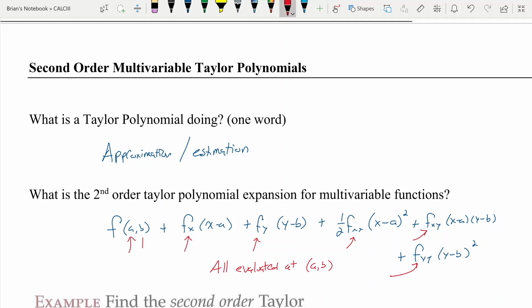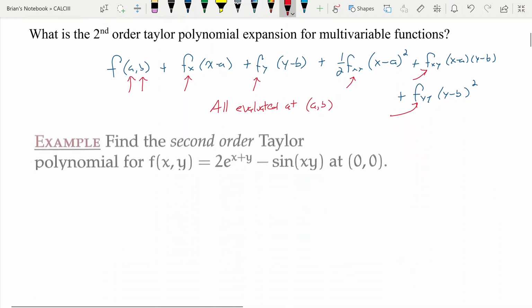So those are just numbers. Your a and your b, you plug those into your fx, your fy, your fxx, your fxy, and your fyy. So when we're asked to find the second order Taylor polynomial for this function at (0, 0), what we need to do is find our fx, our fy, our fxx, and then our fxy and our fyy. We need to find all of those. Then we evaluate them at (0, 0), and after that we just plug everything into our equation up at the top.